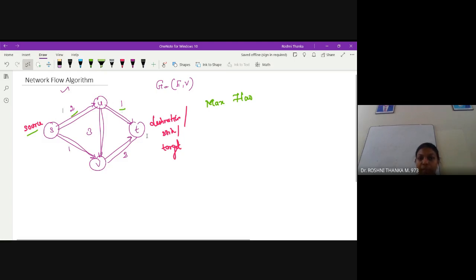Now consider I want to send 3 volume of data. Is it possible through the path from S to U? No, because from S to U you can only send a volume of 2. The problem is that all the pathways do not have the same capacity. So our problem in this network diagram is to find the maximum flow.